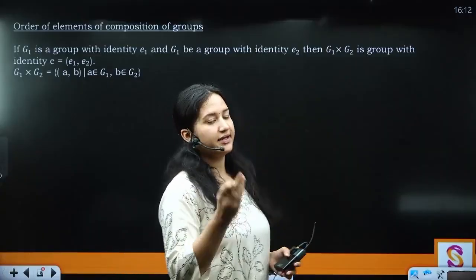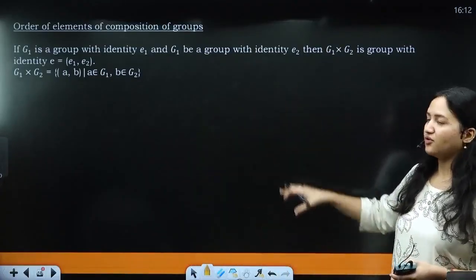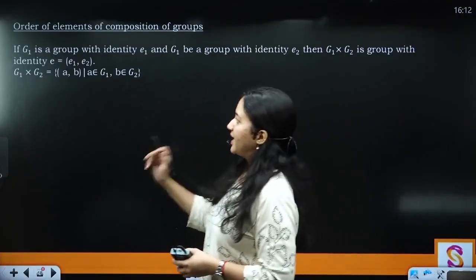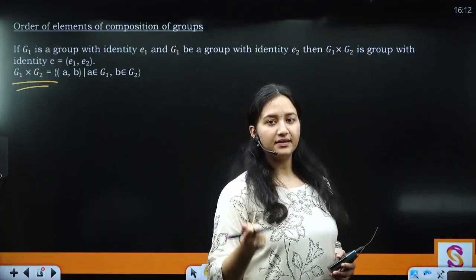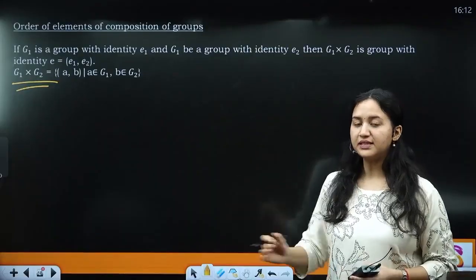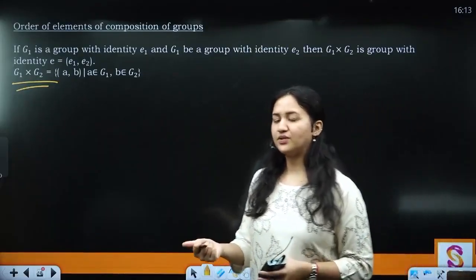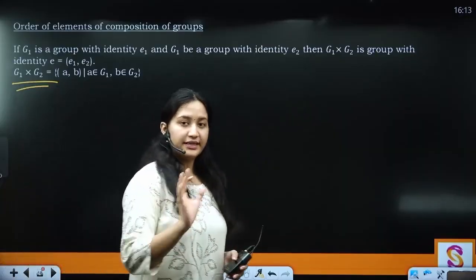And it is associative and the identity is there and inverse for each element exists, and thus it forms a group. Now the idea behind studying G1 cross G2 was to understand the nature of elements, right? What are the orders of elements of such kinds of groups? And one such example we took was 1 comma R90, which belonged to the group Z2 cross D4, right?